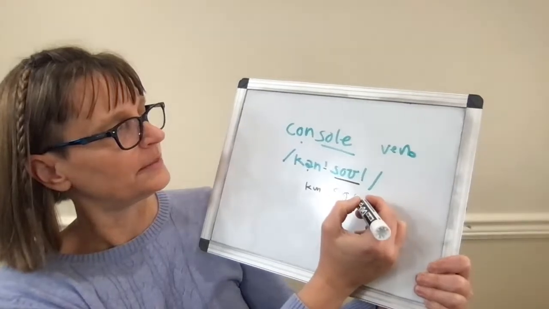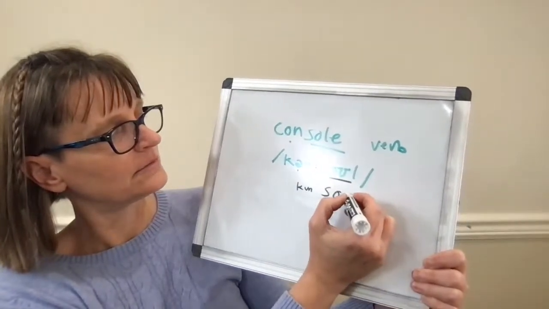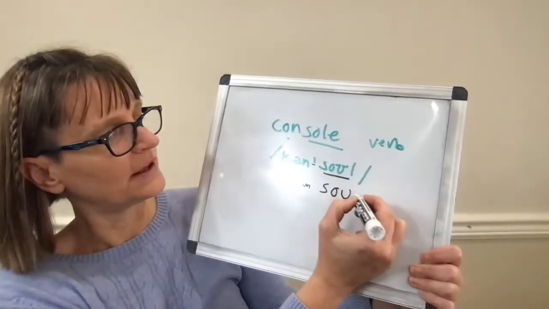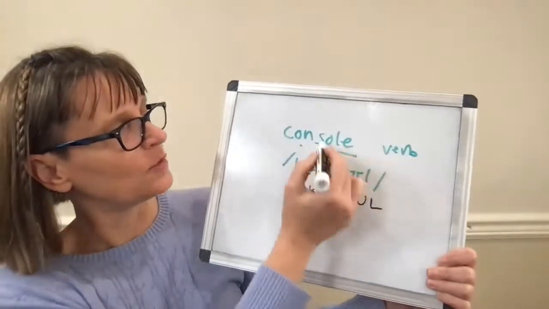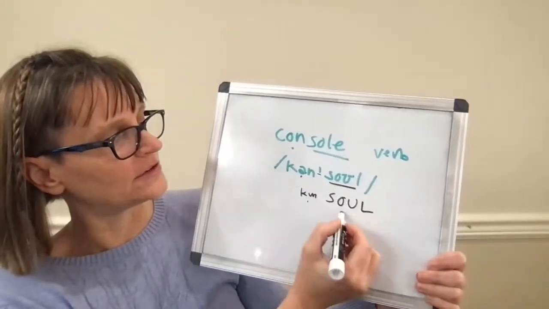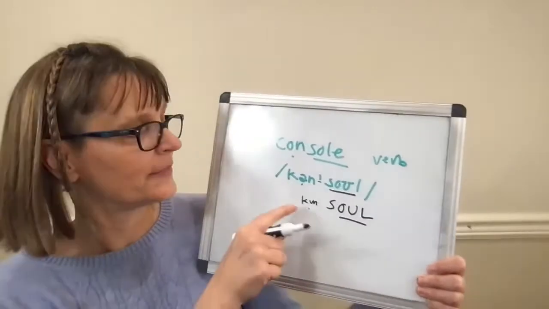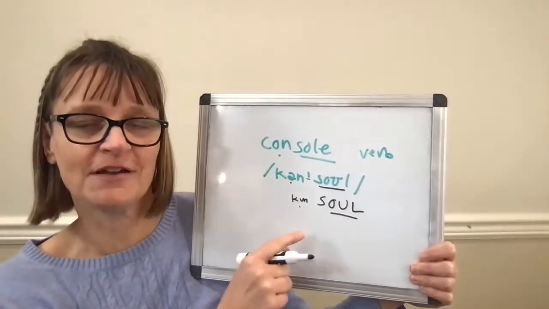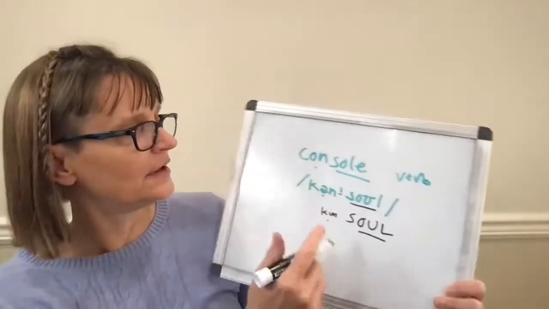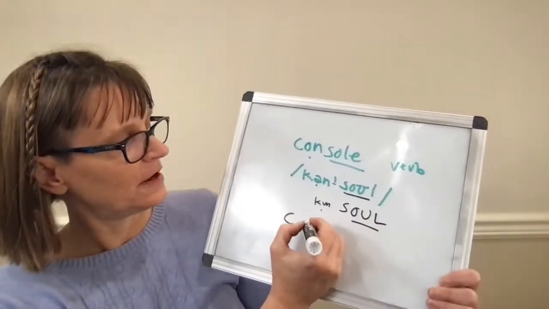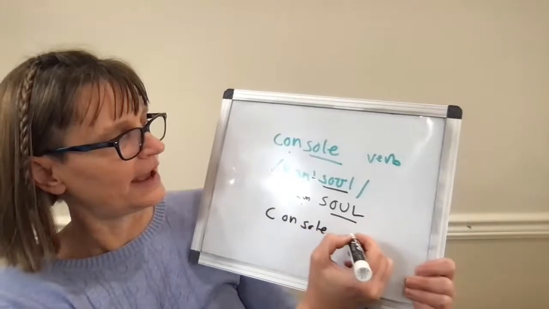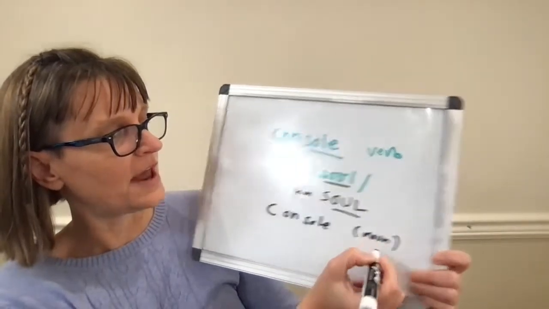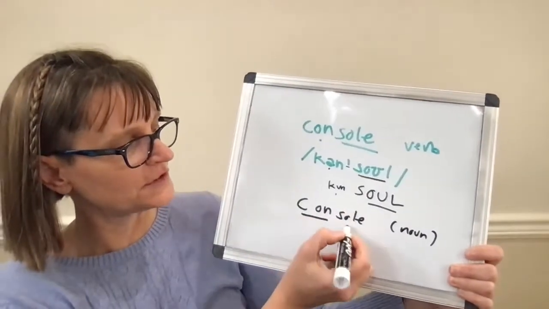So for the verb console, it's going to sound like console. Let's write it like this, or this, either way, soul. We have the O vowel, console, short, long. That C-O-N, when it's not stressed, is going to have the schwa sound, console, versus console, like I have a computer console, the noun, which has first syllable stress.